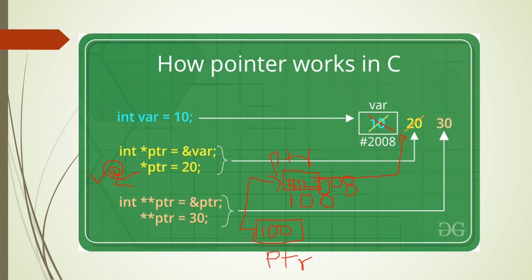If I say star ptr, it is value at 100. What is the value at 100? It is #2008. If I say star star ptr, now it is value at 2008. It is 20 now. That's also removed, and I am assigning the value 30. So this is how the double pointer concept works.